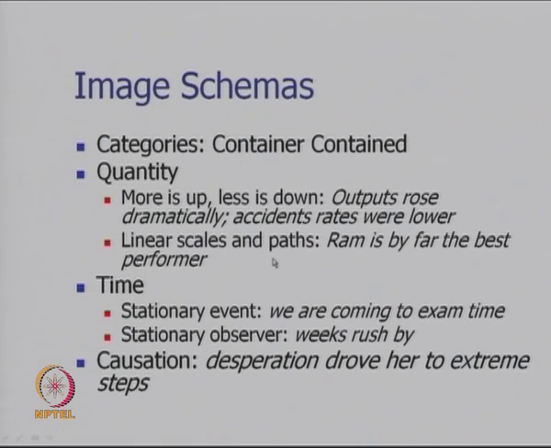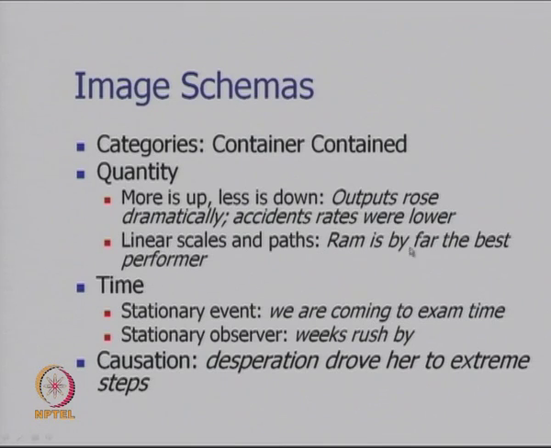Linear scales and paths are also created through imagery. Ram is by far the best performer. This by far, look at this phrase here, by far. Far is a distance measure, or far is a time measure, and this is a linear scale.